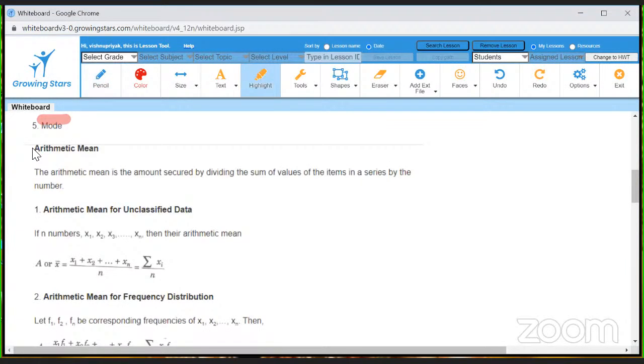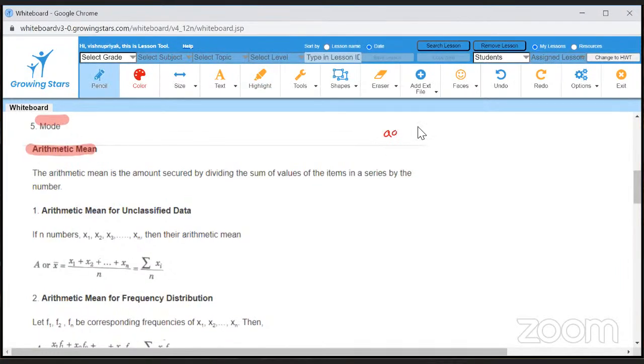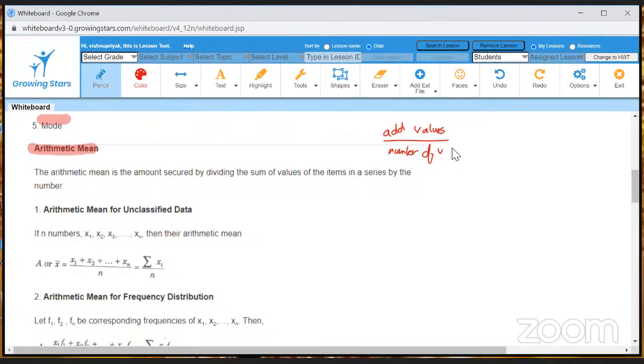First, we will find the arithmetic mean. How to find the arithmetic mean? You will add all the values given to you and divide by the total number of values given. Suppose you just have a list, you did not group it, you did not classify it, it is unclassified data.